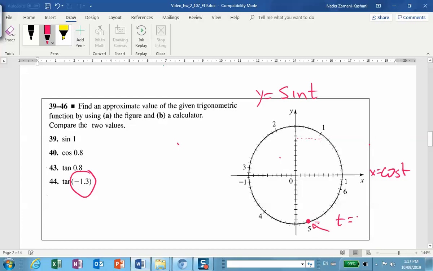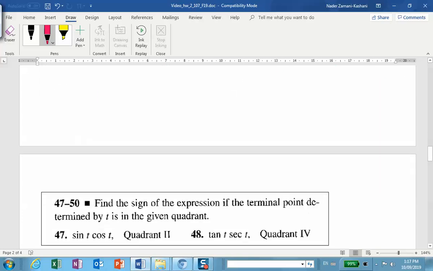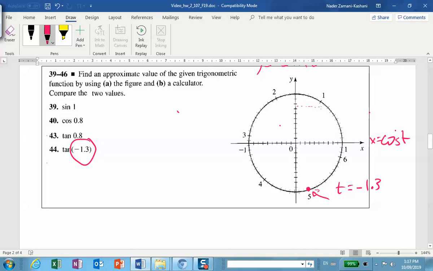So if you want to know what this is, you drop down the perpendicular. This is going to be approximately the sine with a minus sign. Don't forget about that. And this is going to be approximately cosine.